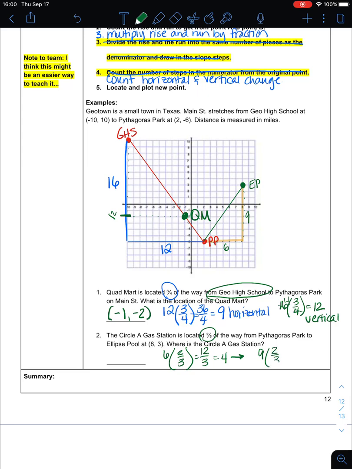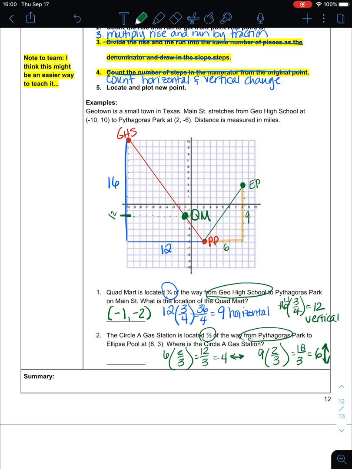My vertical whole change was 9 times 2/3, which is 18/3. So that's 6. So I'm going to change 4 horizontally and 6 vertically. It's 2/3 of the way from Pythagoras Park.